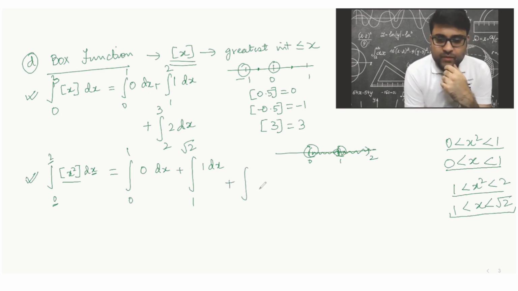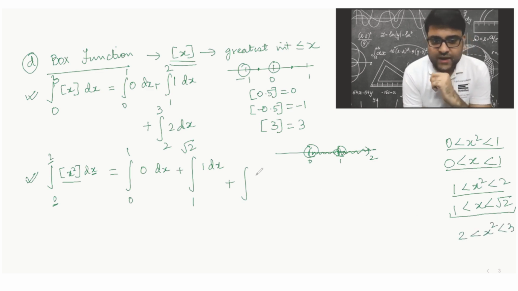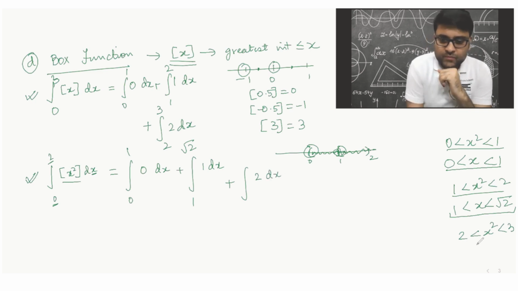Similarly, x square lies between 2 to 3, box x square will take the value 2, and x will lie between root 2 to root 3.